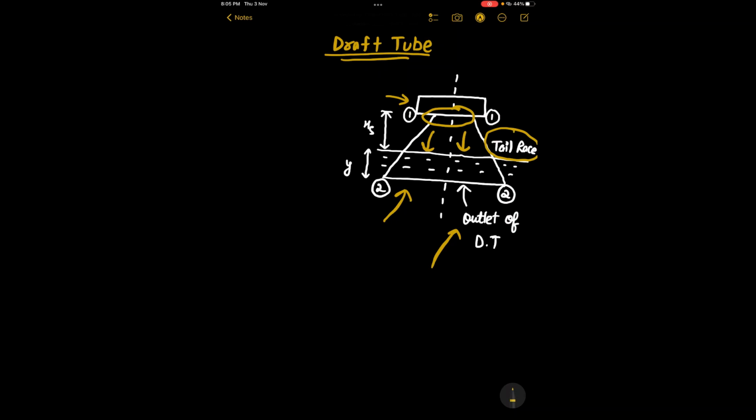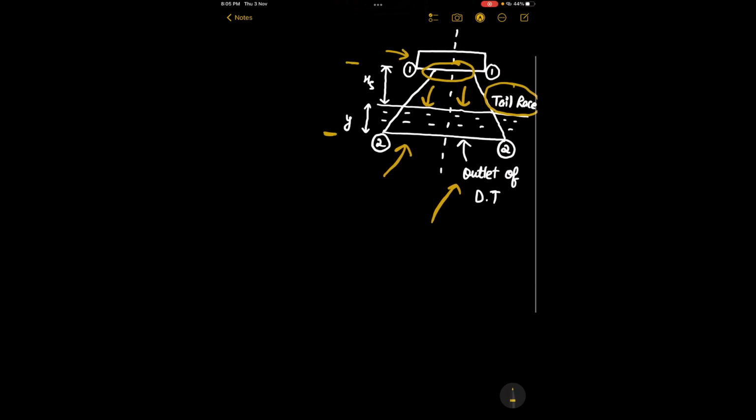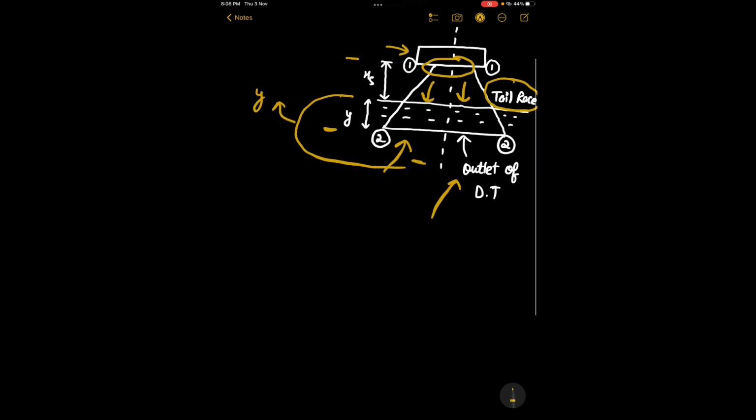So if you apply the Bernoulli equation between these two sections, from the outlet of the draft tube, the lowest point of the draft tube, till the tail race level, the height is y, and this is the height from the outlet to the level of the tail race, that is hs.